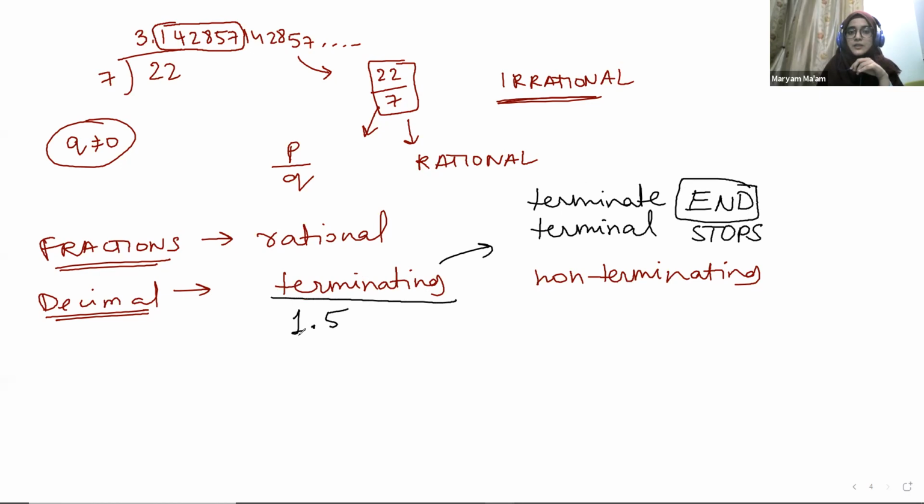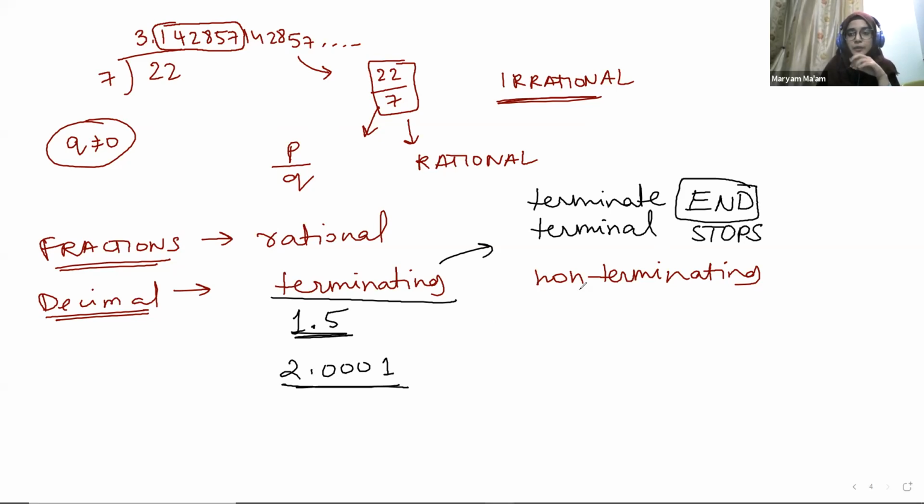So terminating means the decimal is stopping over here, 1.5. Similarly, you have, let's say, 2.0001. This stopped at some point, right? So this is terminating. Now, Hamna, can you please give me an example of non-terminating?